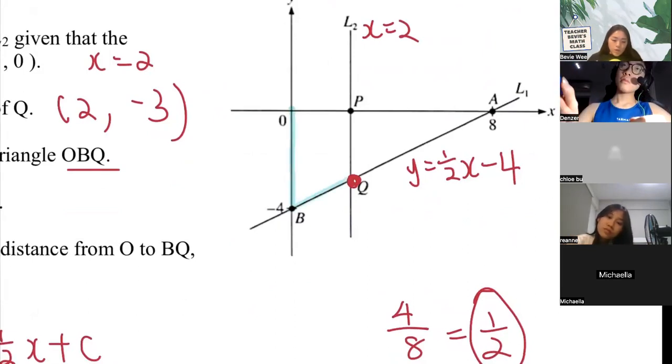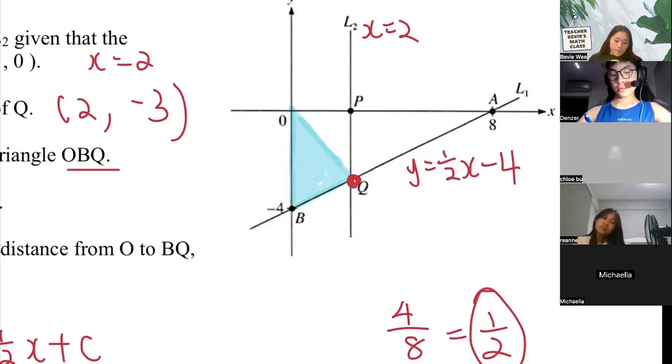OBQ is a triangle, they said, so this is the triangle that I'm supposed to find. So again, area is half times base times height.